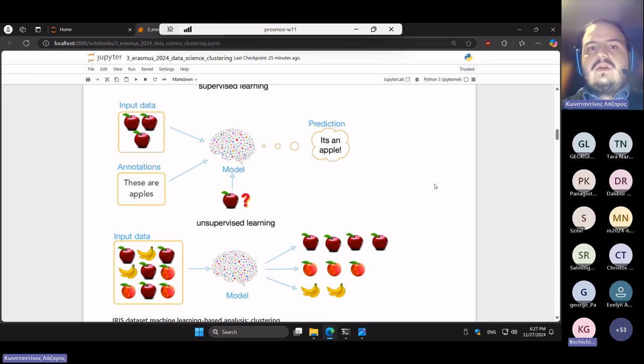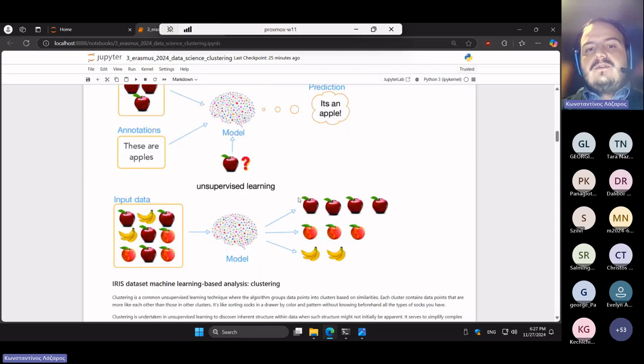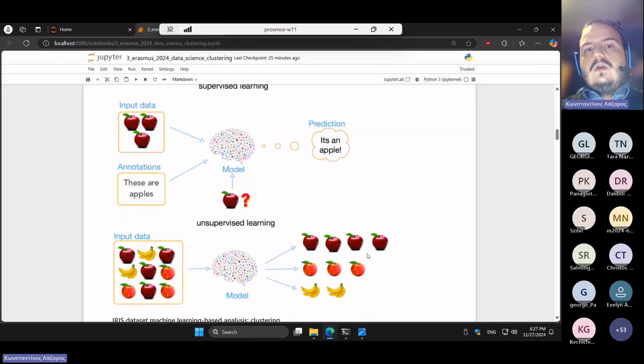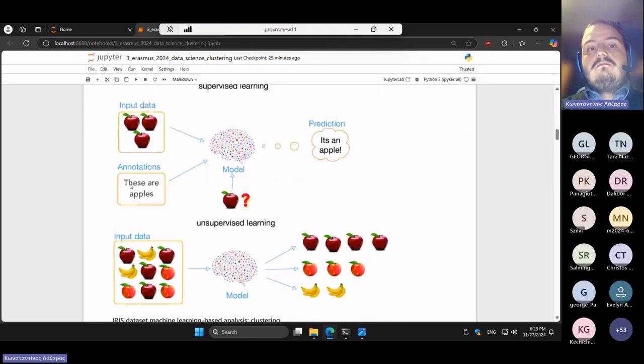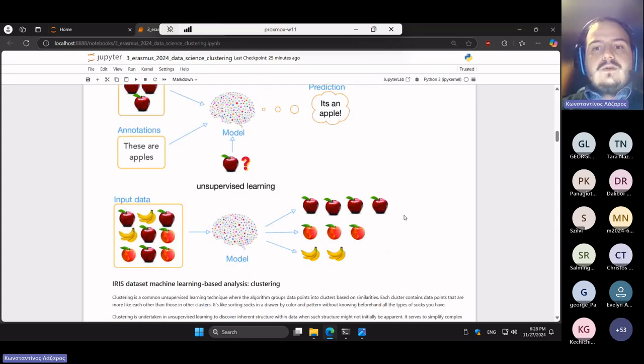Okay, great. So the question might be, when do we actually use unsupervised learning, right? Why would we use clustering when we can go to classification, since we might have a certain type of ground truth? Well, the answer is that in a lot of cases, you might not really have a ground truth.